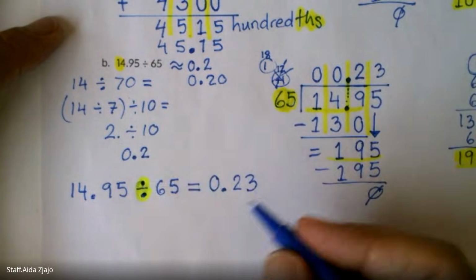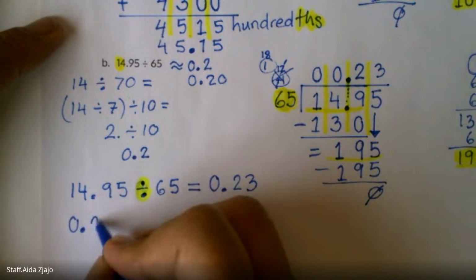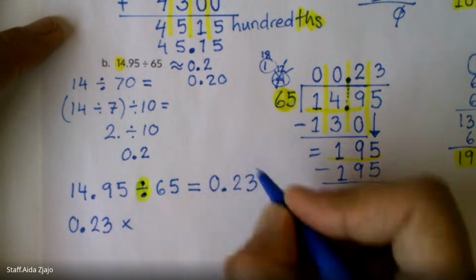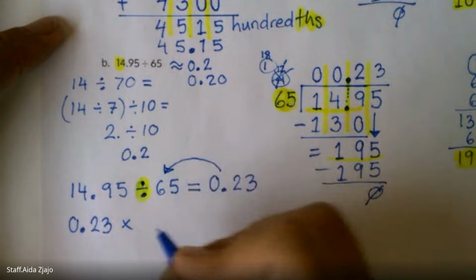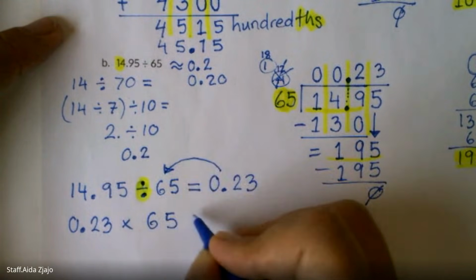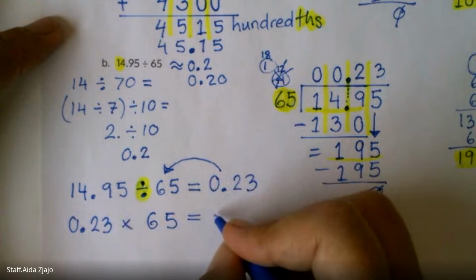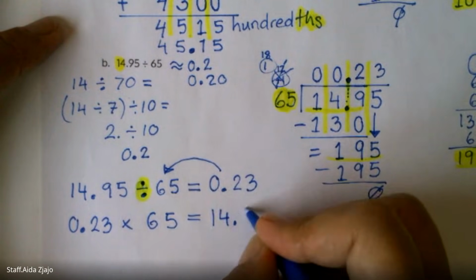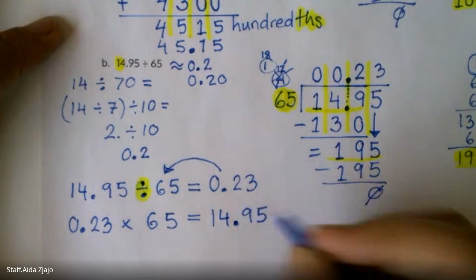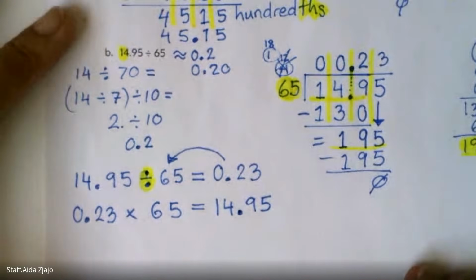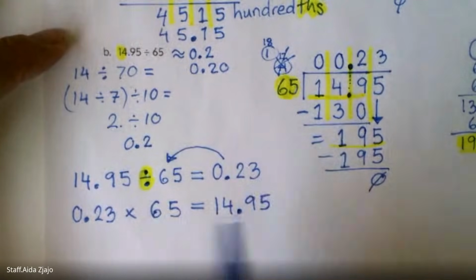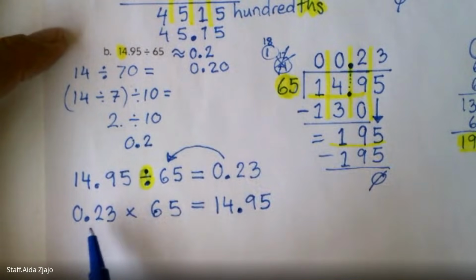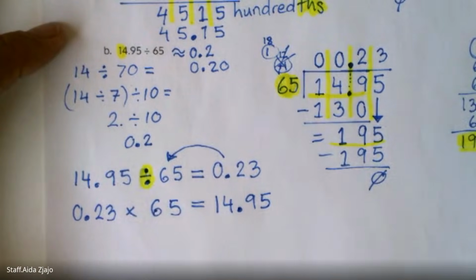So what that means is 0 and 23 hundredths times 65 must equal 14 and 95 hundredths. That is what it should be. So now let's see if that's true. Is it 65 times 0 and 23 hundredths equals?